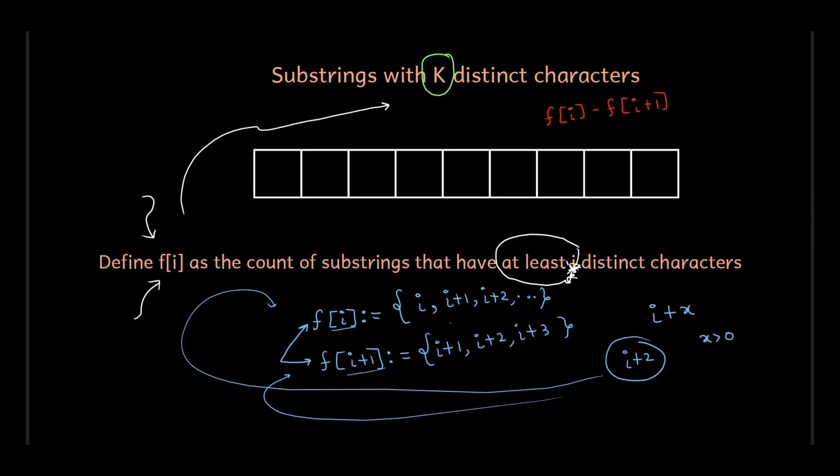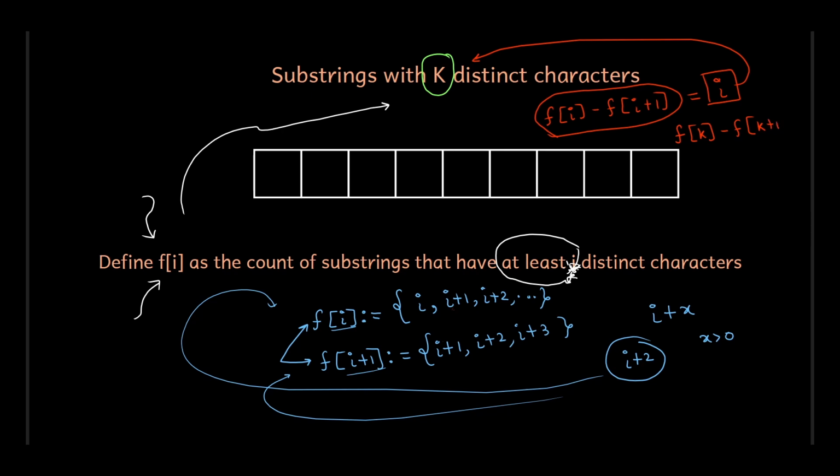You see that all the numbers that are common in both of them will get eliminated, and whatever remains represents how many substrings there are with exactly I unique characters in them, which is exactly what we are looking for. So our answer would be simply f of k minus f of k plus 1.